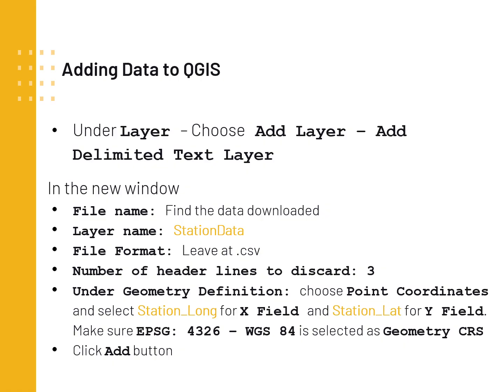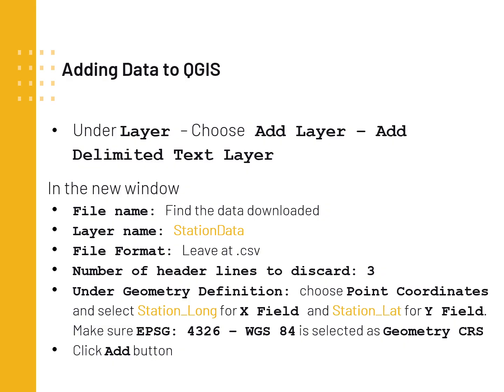Under the file format, leave it at .csv or comma separated values. For the number of header lines to discard, I'd like you to put 3. So remember, when we open the file up in Excel, we notice those first 3 lines was basically just information, but not actual data. So we want to discard that. Under the geometry definition, we're going to choose point coordinates, and we're going to select station long as the X field.